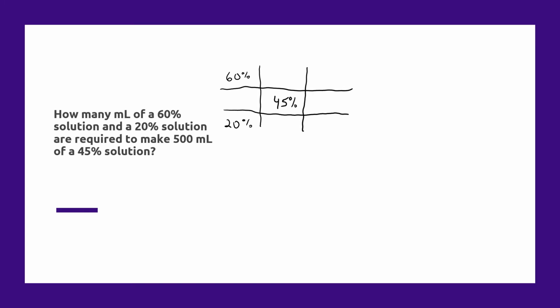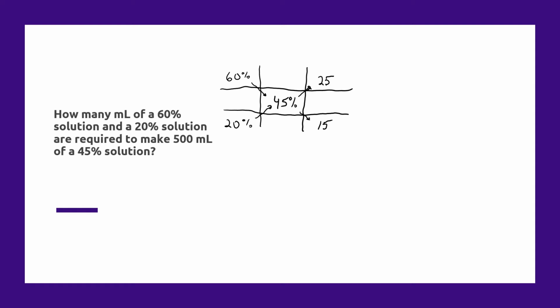The next step is to take our higher concentration, subtract our desired concentration, and we put that value down here in the bottom right. So 60 minus 45 is 15. Then we're going to take our lower concentration and subtract that from our desired concentration. And we're going to write that number in the upper right-hand corner.